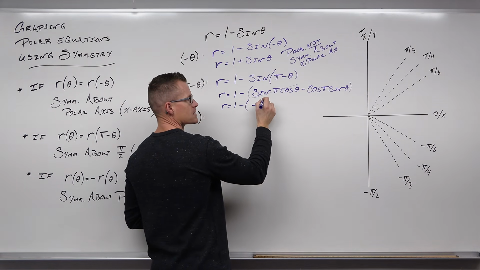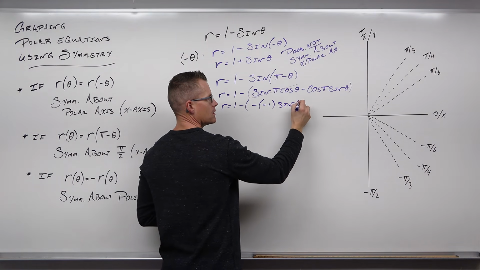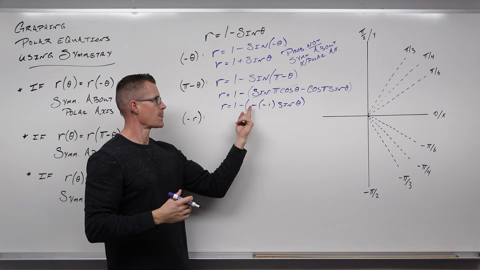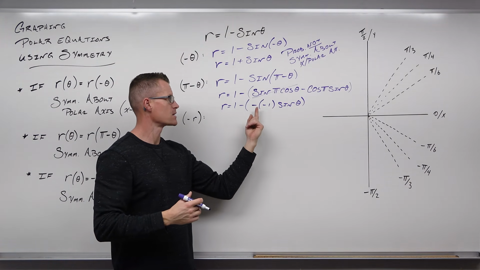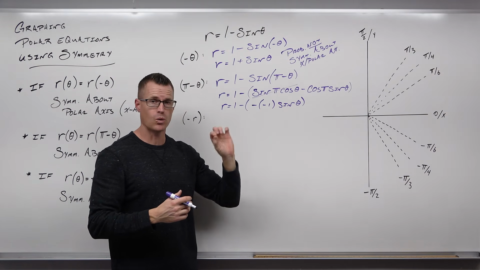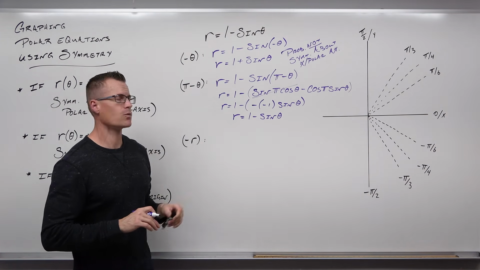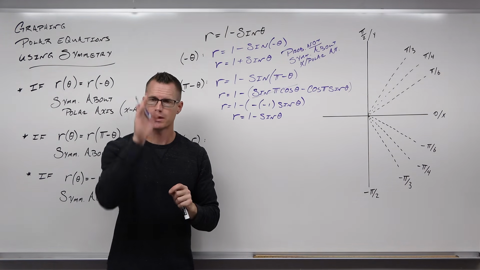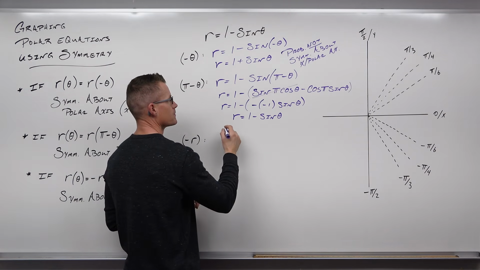So minus negative 1 sine theta. Now there's a lot of negatives going on, but this says opposite of negative 1 is positive 1. 1 minus positive 1 sine theta is 1 minus sine theta. That's exactly what we started with, which means that if this works, you are going to have symmetry about that vertical axis, the pi over 2 or the y-axis.